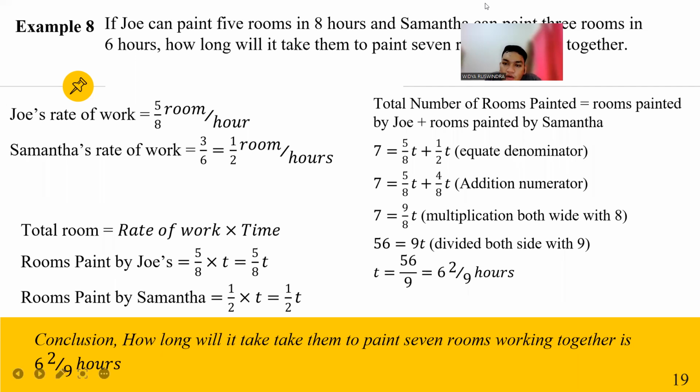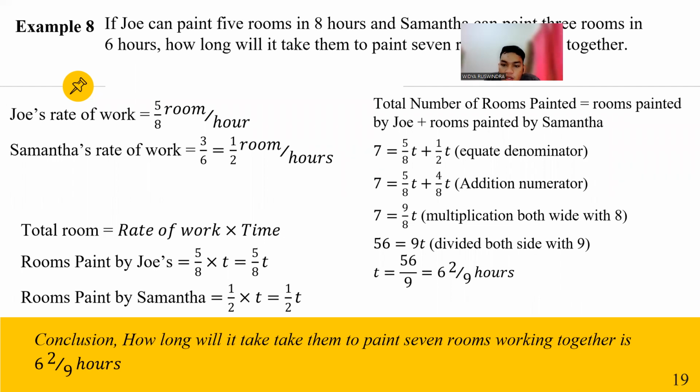So 7 equals 5 per 8 t plus 1 per 2 t. For the next step, we equate the denominators, and we get 7 equals 5 per 8 t plus 4 per 8 t. So adding the numerators, we get 7 equals 9 per 8 t.